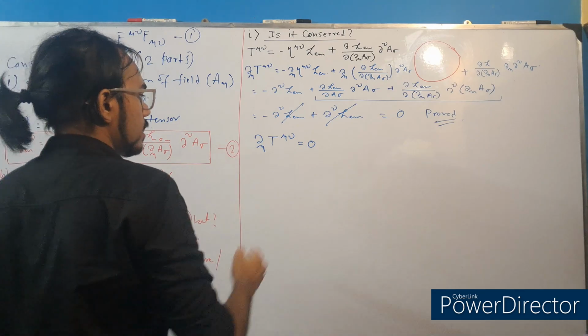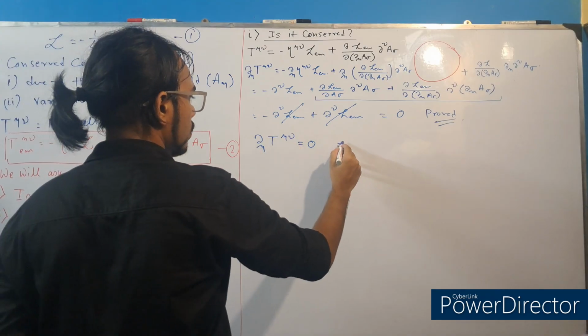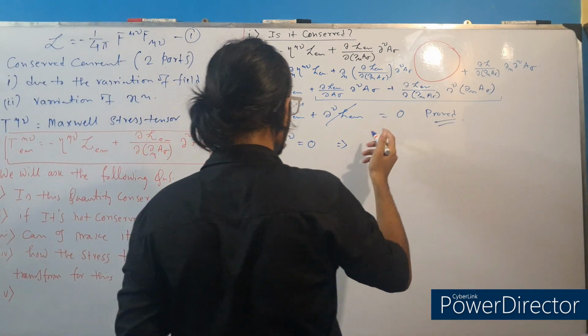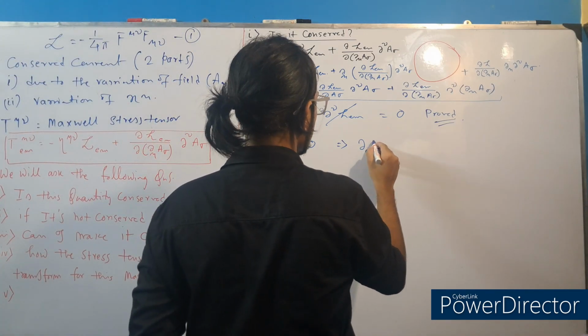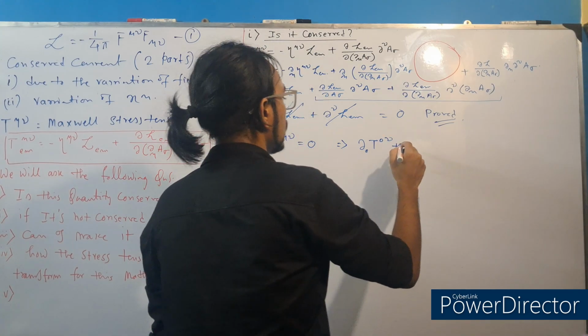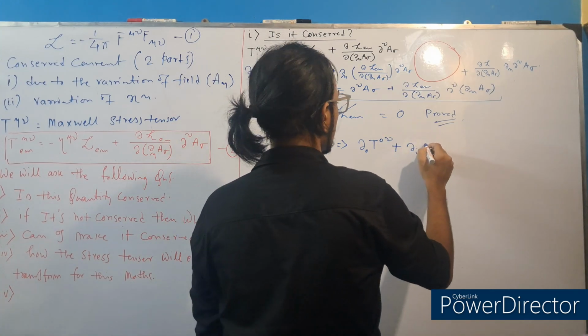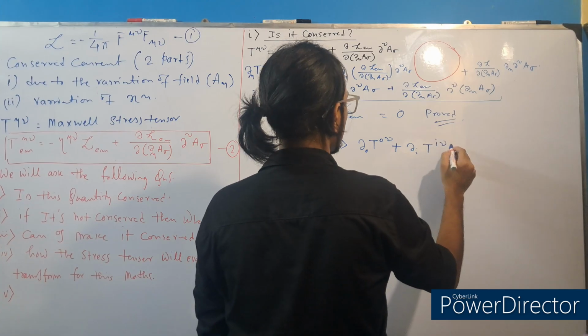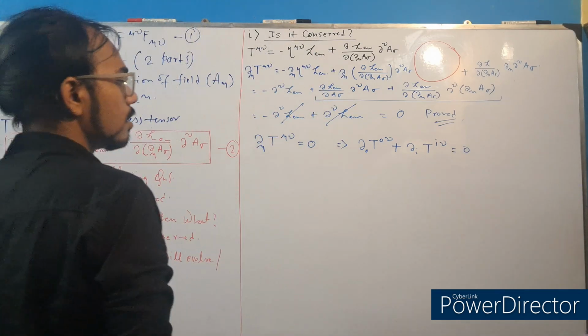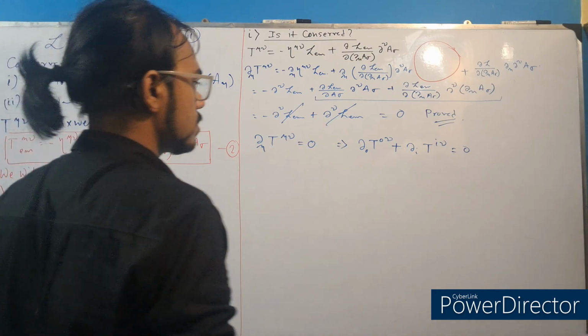Now let me expand the contracted or summed index. I can expand it into a spatial index and a temporal index. So ∂_0 P^{0ν} plus ∂_i P^{iν} equals 0. The sum of two things is 0.